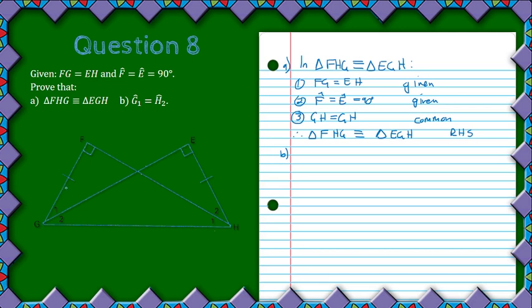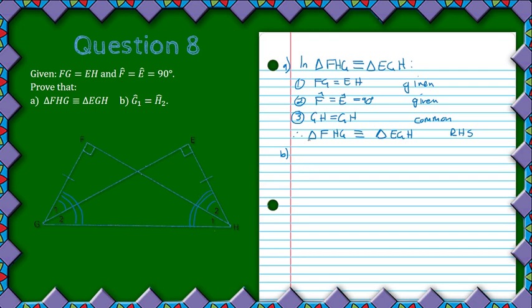G1 lies over here, and I need to show that that's equal to H2. Now in this case, the remaining angles that are equal are this whole angle G and this whole angle H. Those are my remaining angles.